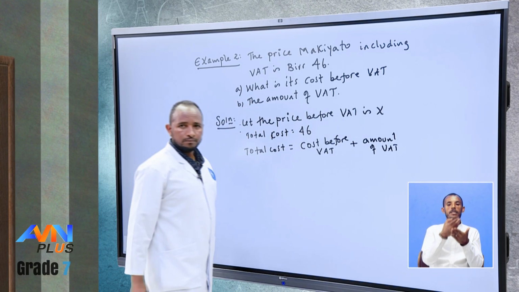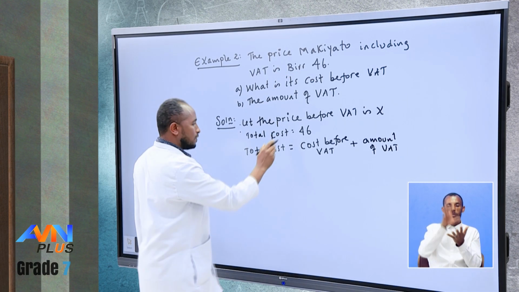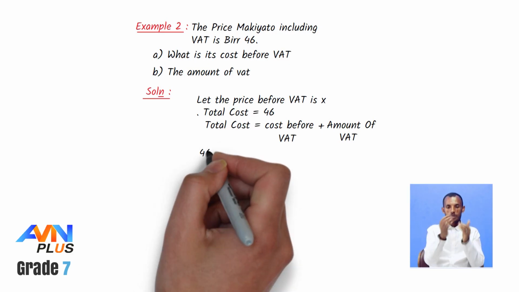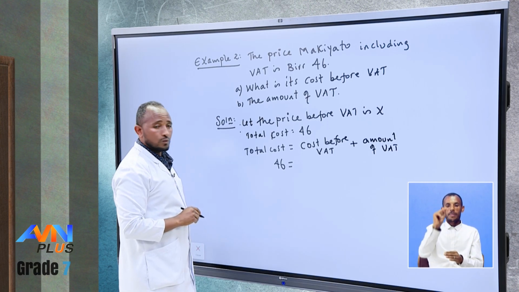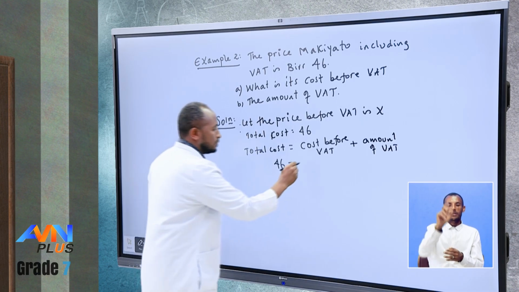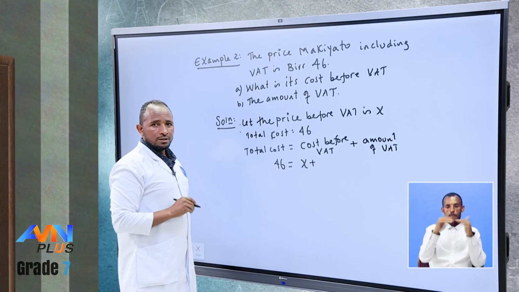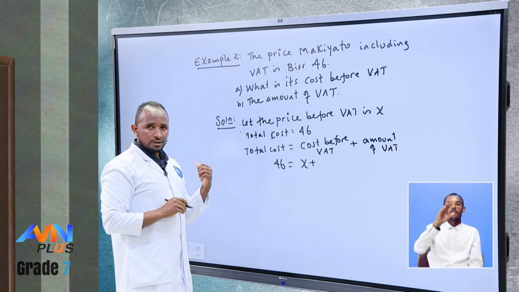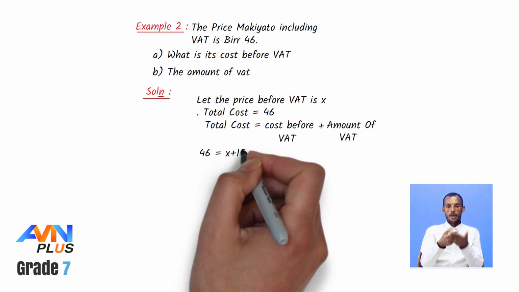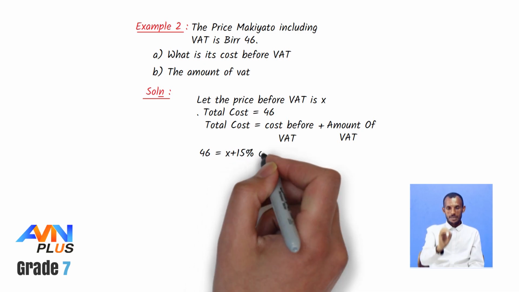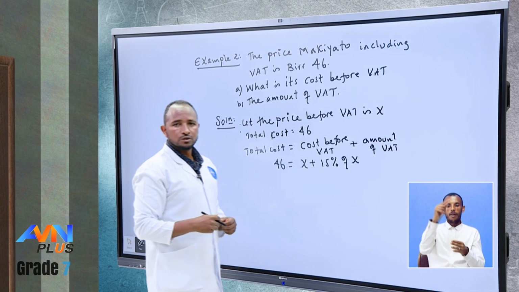This is the equation. So 46 is equal to the cost before VAT, which is not known and we assume to be X, plus the amount of VAT, which is 15% of the original cost. We said the original cost, or the cost before VAT, is X. So this is the equation.